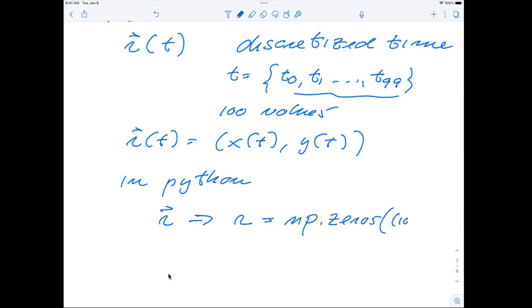So 100, and we would have 2 here. That's one way to set up an array, or this actually becomes a 2-dimensional array, which translates into a matrix. So this could contain time, and this would contain X and Y. So you could let the first component refer to X, and the second component refer to Y.